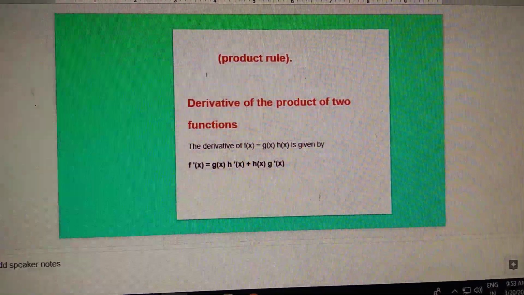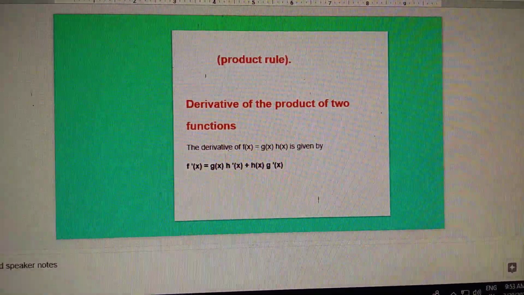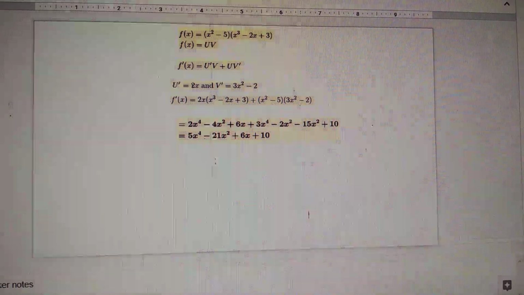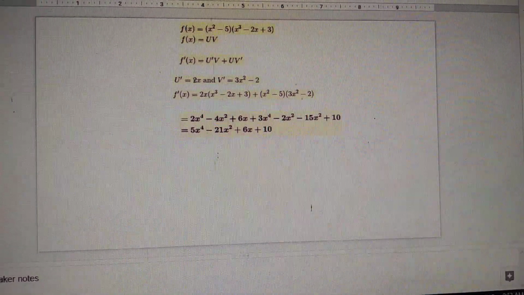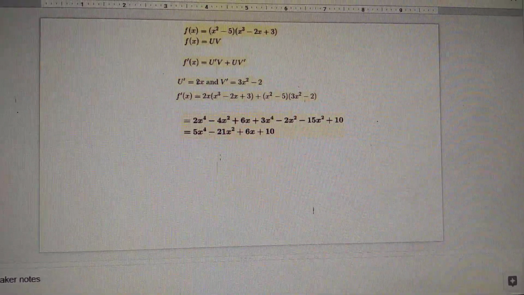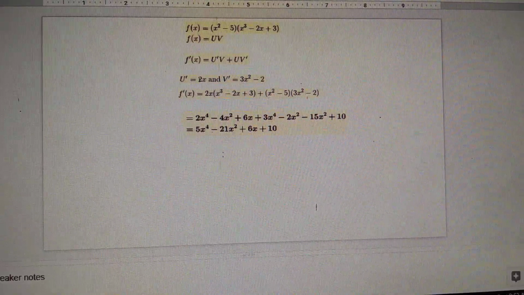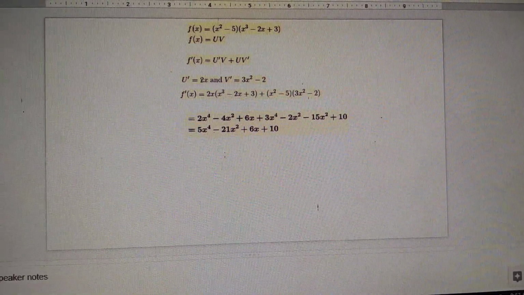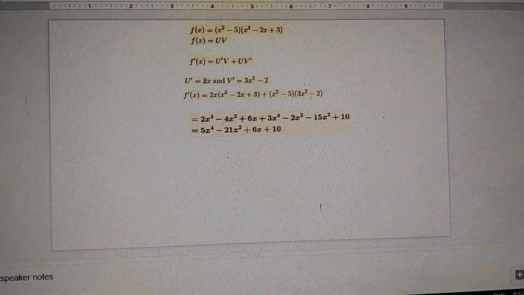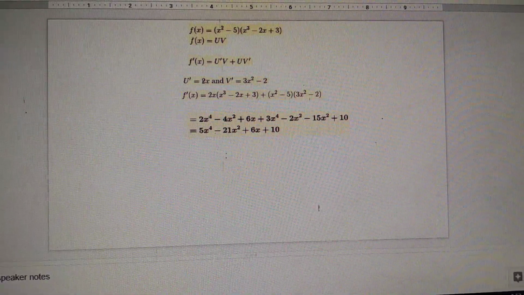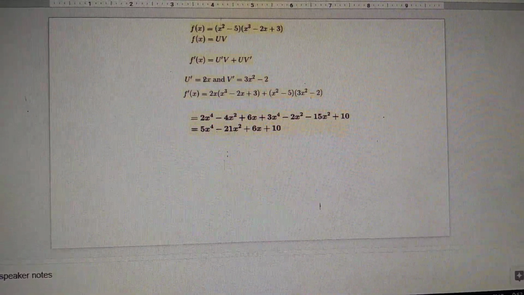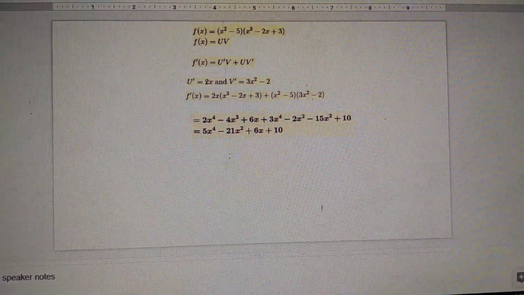That is, we take the derivative of the first function, keeping the remaining one constant, simultaneously. Consider this law with a simple example. If f(x) is equal to the product of the polynomials x square minus 5 and x cube minus 2x plus 3, you know that f is clearly a product of two functions. Let f be the product of u and v, where u is x square minus 5 and v is x cube minus 2x plus 3.